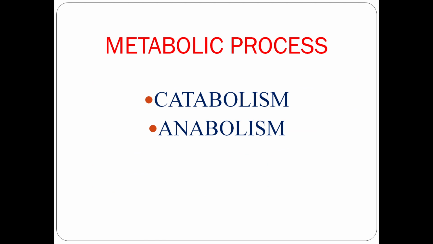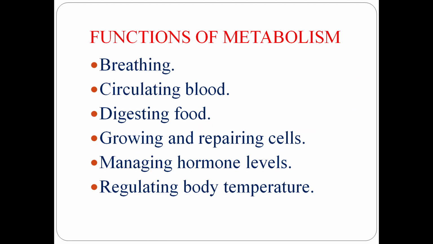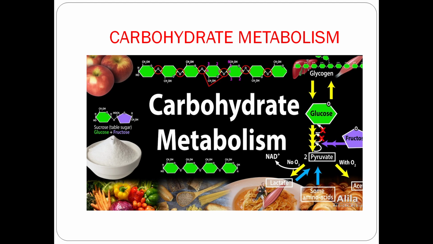We already discussed this. Next, the functions of metabolism mainly include breathing, circulating blood, digesting food, growing and repairing cells, managing hormone levels, and regulating body temperature. The citric acid cycle is part of carbohydrate metabolism.